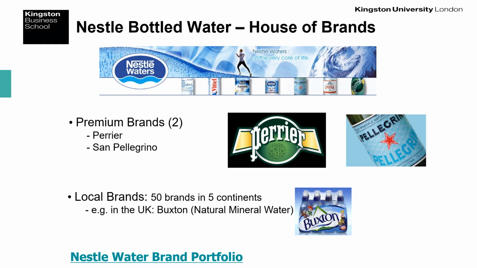And an example from its portfolio here in the UK would be Buxton Water. So this is Nestlé creating a number of unique standalone brands that have very little apparent connection with Nestlé and no relationship with any other brand within Nestlé's bottled water portfolio.